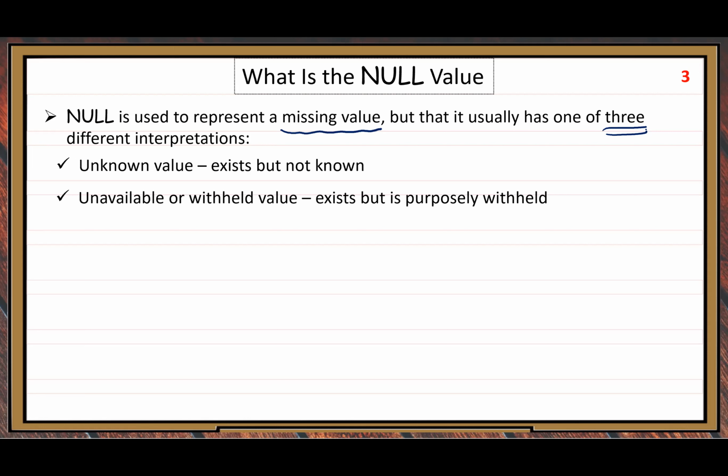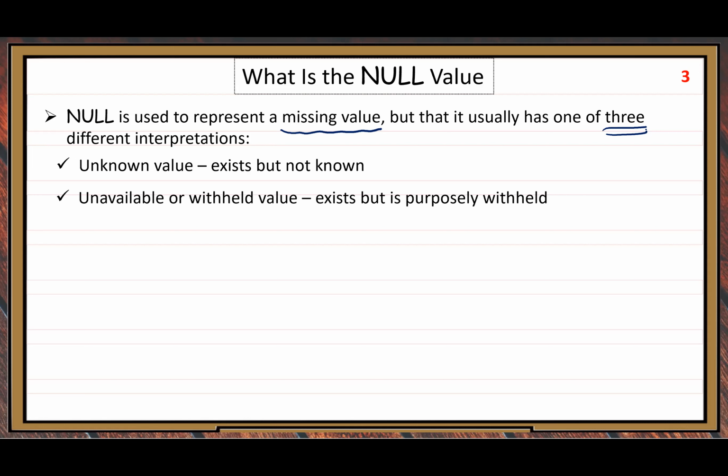For some reason, that kind of very important, highly secret value is not exposed to ordinary employees. So when it is withheld, then you put, in this case, a null value. So when you see a null value, this is one of the possibilities.